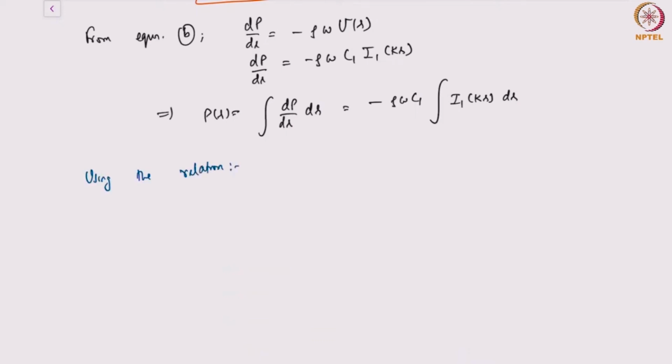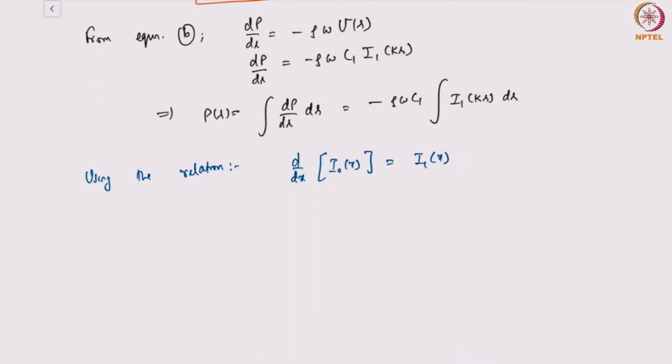But we use a well-known relation, which is the derivative d by dx of I0 of x is equal to I1 of x. Okay, if you remember the modified Bessel's equation, we had this argument n. So n equal to 1 was the solution that we used for getting the general solution for u of r, the radial velocity. But you can have other values of n.